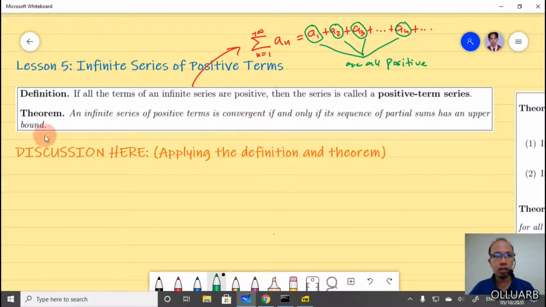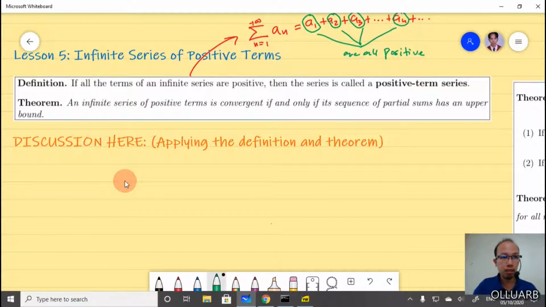Okay, so let's try to illustrate this theorem. Let's have this example.